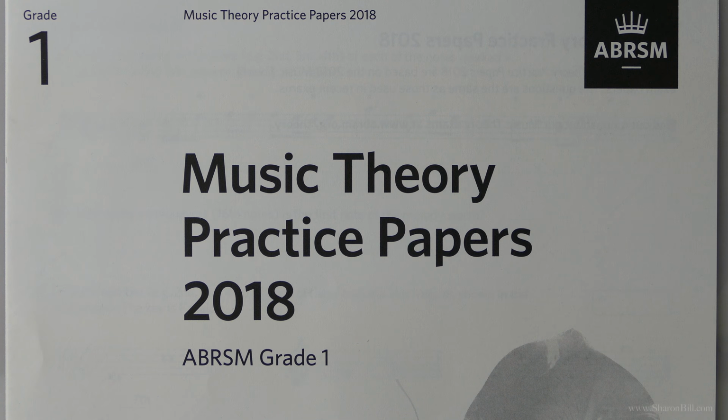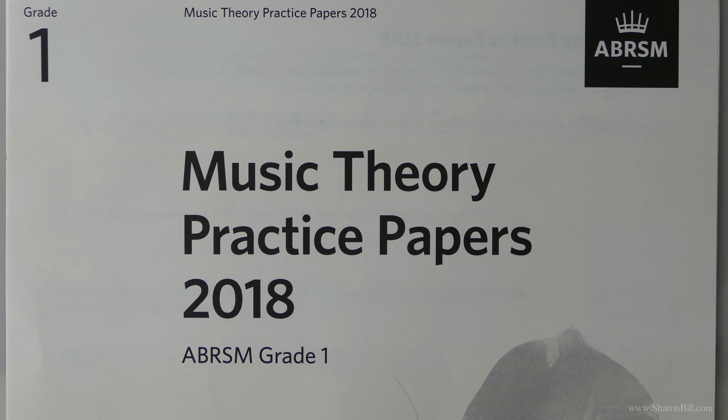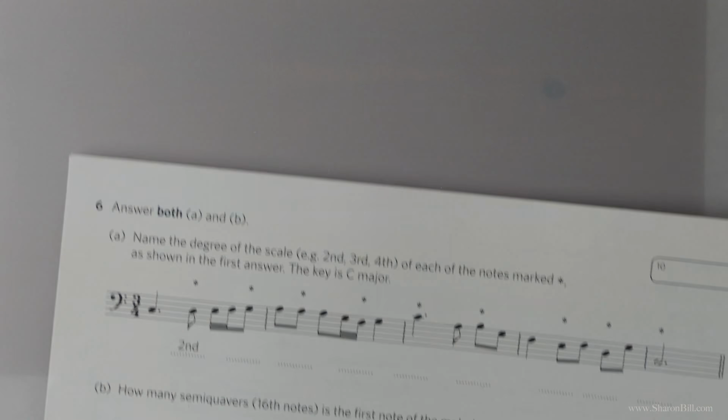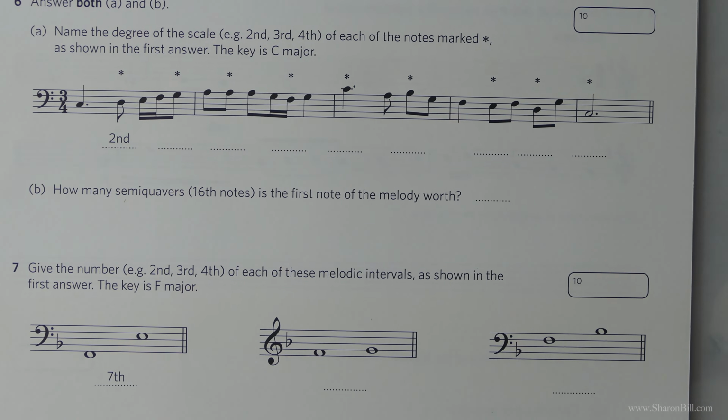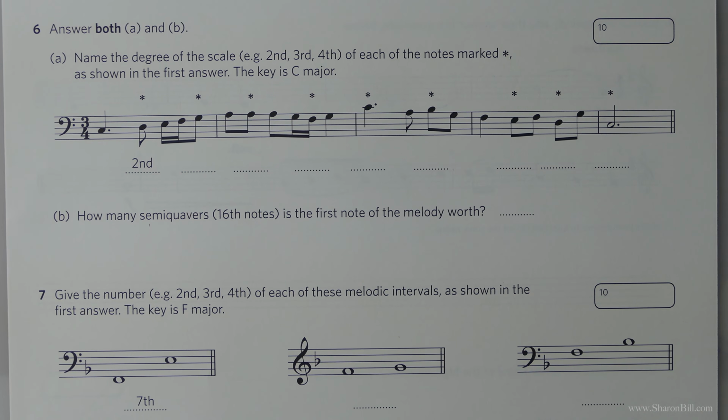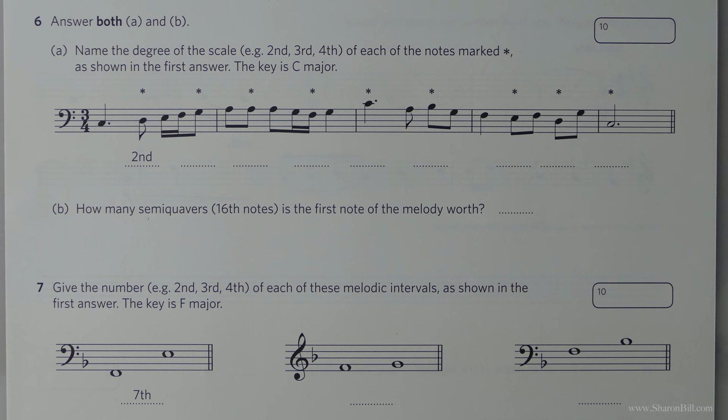So if you turn with me to the back of your 2018 Grade 1 practice paper booklet to page 17, we'll have a look at question 6 together to begin with. I'm hoping you've had a go at this. It doesn't matter if you've gone wrong. It's always better to learn by your mistakes. Now we'll look through this together.